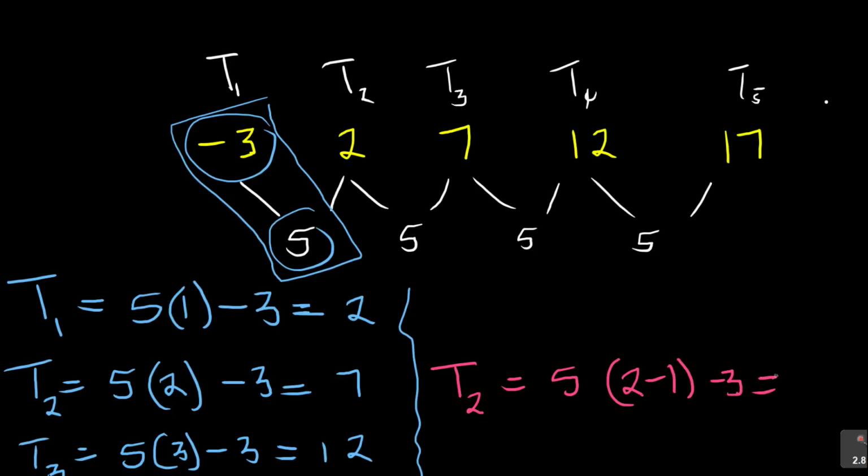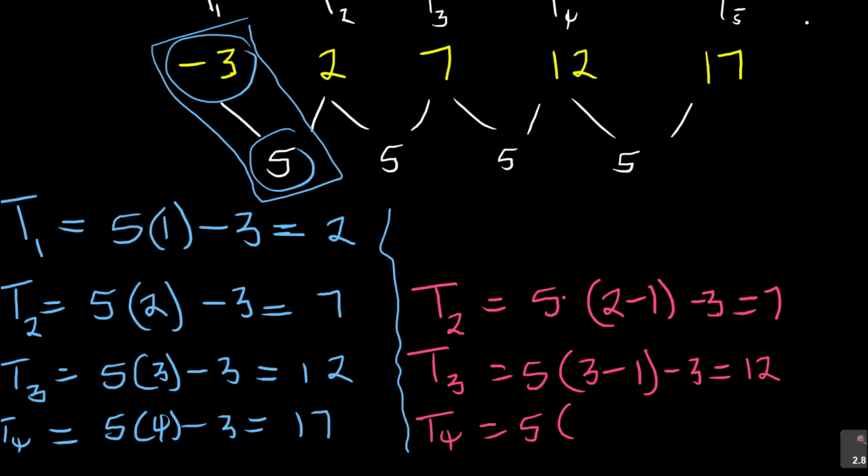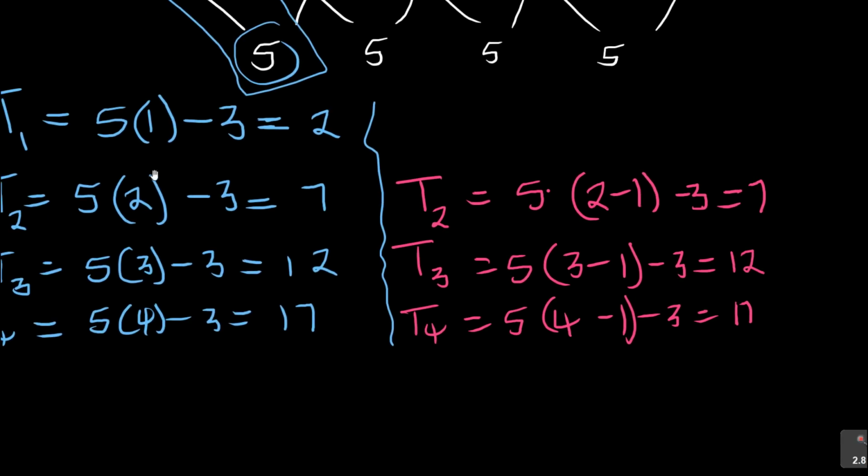What does it give me? Remember, it gave me 7. And then my T3, to maintain, it will be 5, 3 minus 1, minus 3, and then it gave me 12. And then my T4 is going to be 5, 4 minus 1, where there is 3 now is 3, where there is 4 is 4, minus 3, is equal to 17.